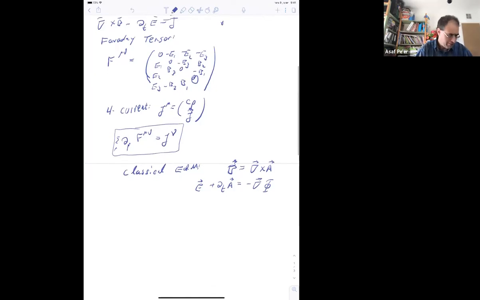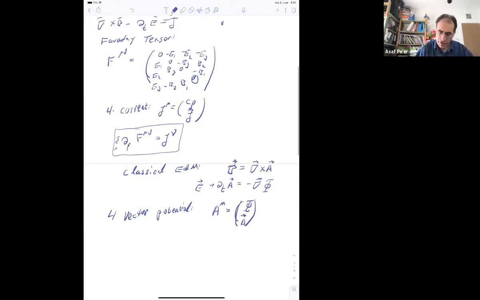And we introduced the 4-vector potential, A mu, as phi in the zeroth component, and then a vector A, the 3 components. And again, this is a 4-vector.